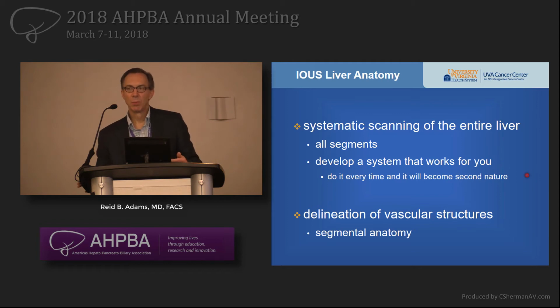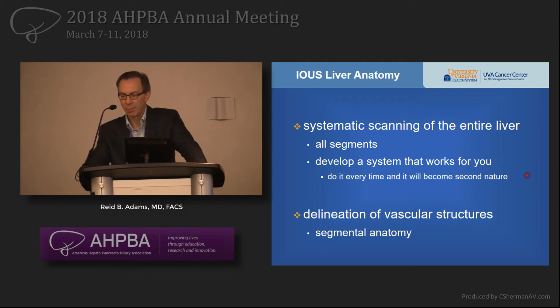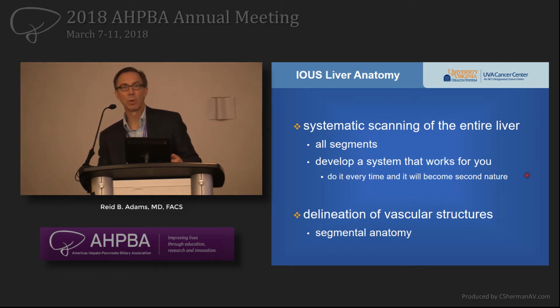So we're going to move to intraoperative ultrasound, since that's what most of you will be doing. It's really important, and probably has been emphasized already, that you need to develop a systematic approach to this. If you do the same thing every time, you'll develop the so-called muscle memory. It'll become automatic, and you won't miss anything.